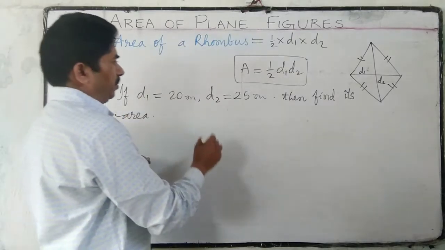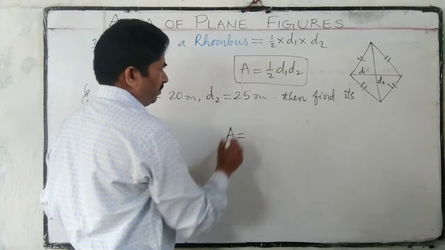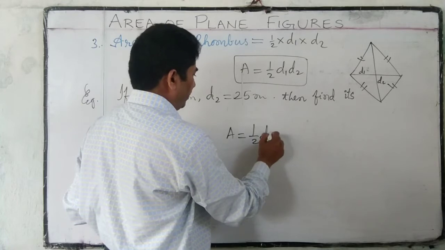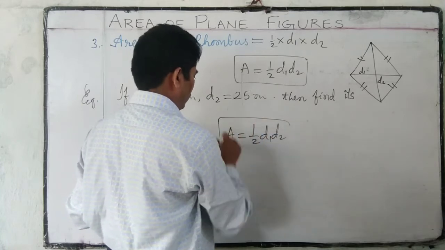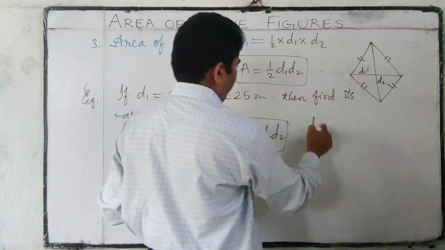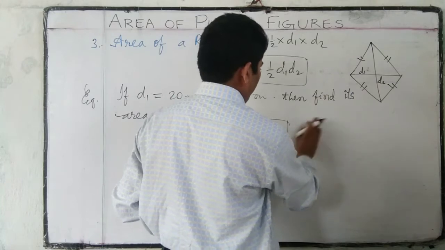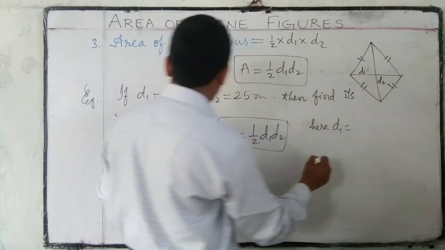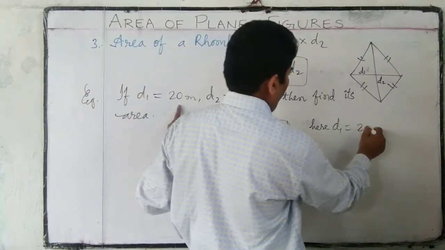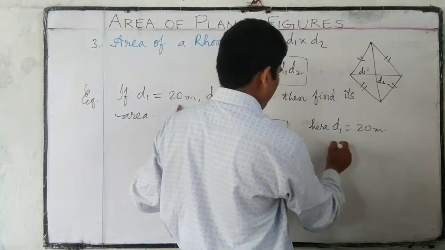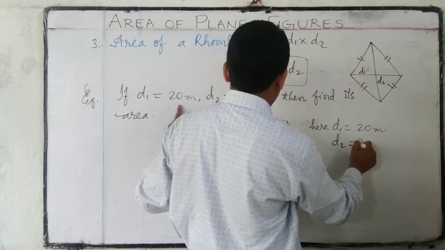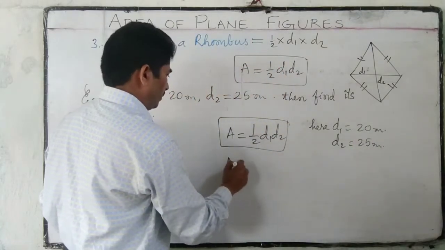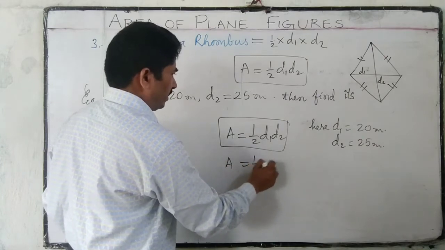To find area of rhombus, we have to write first formula of D1, D2. Here D1 is given, 20 meters, and D2 also given, 25 meters. Then we have to substitute the values in this given formula.